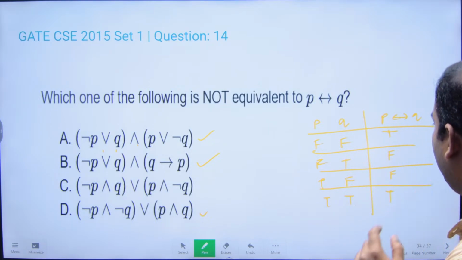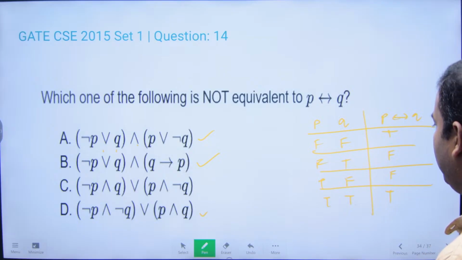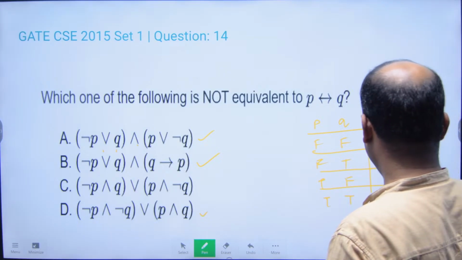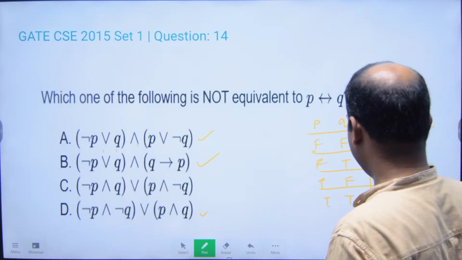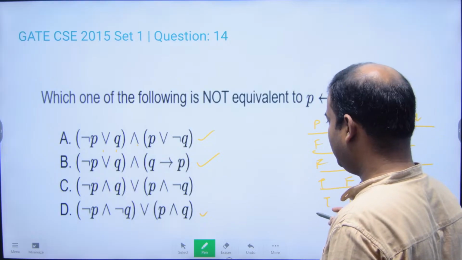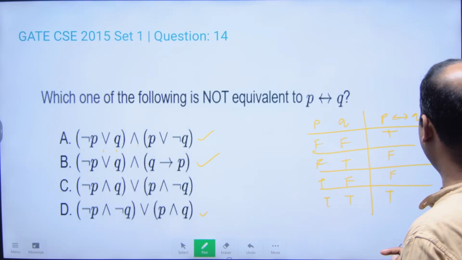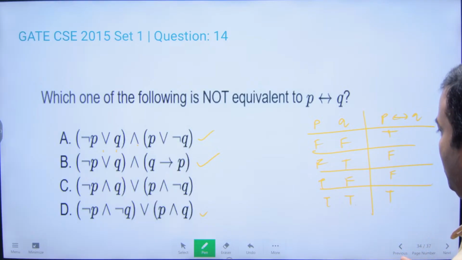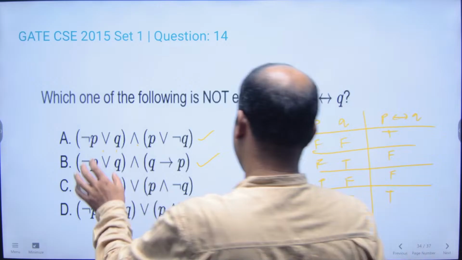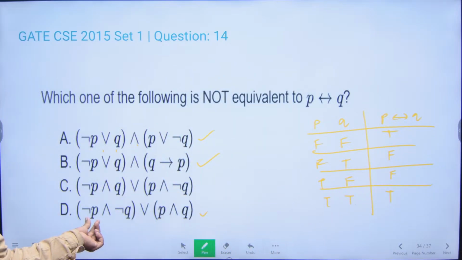So what is this? This is what? Where Q is also not true, and P is also not true, or P is also true and Q is also true.